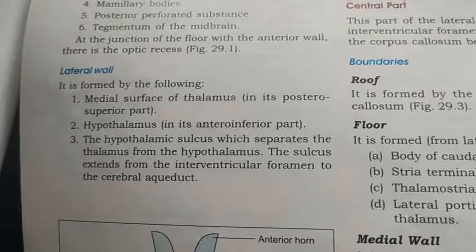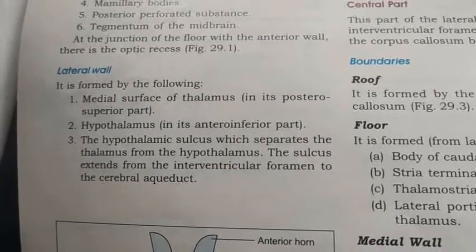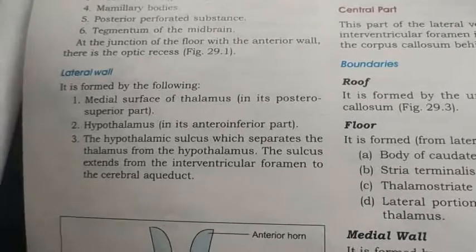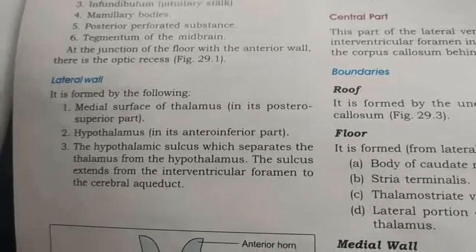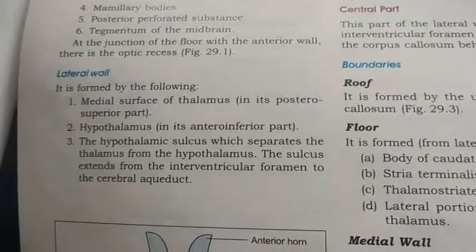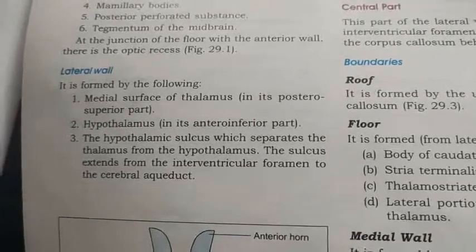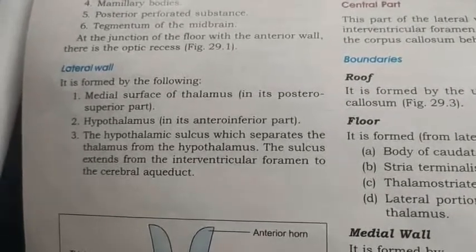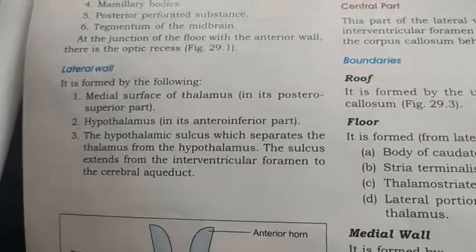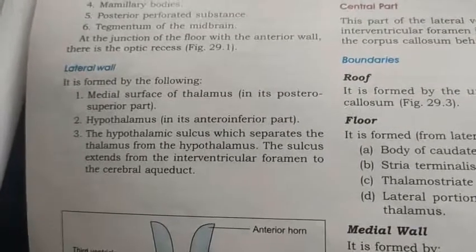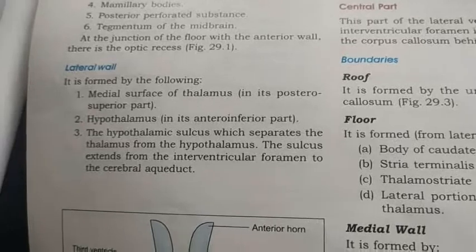Lateral to the third ventricle there is the medial surface of thalamus. The third ventricle is sandwiched between the thalamic nuclei. The medial surface of thalamus is seen as the lateral wall of the third ventricle.